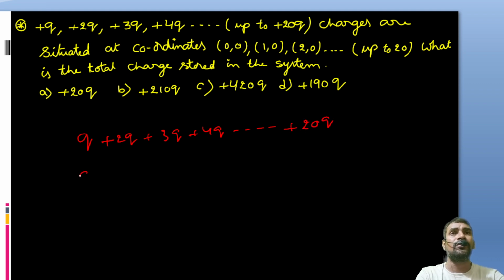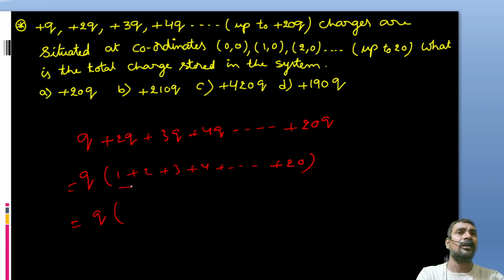If I take q common here, what will I get? 1 plus 2 plus 3 plus 4 and so on plus 20. So the total charge is equal to q into the sum of n numbers, which is given by n into n plus 1 by 2.